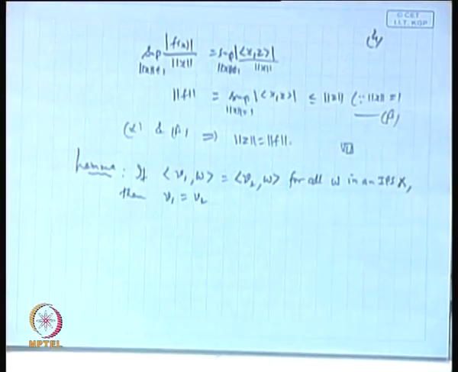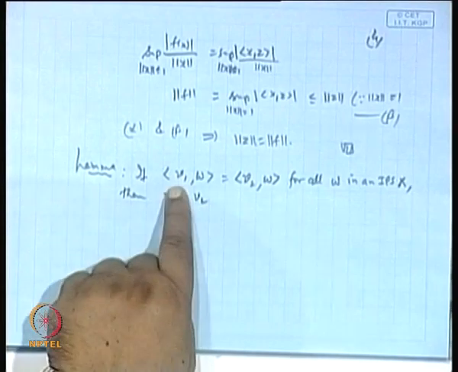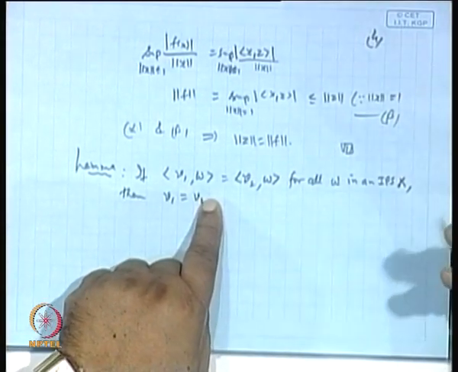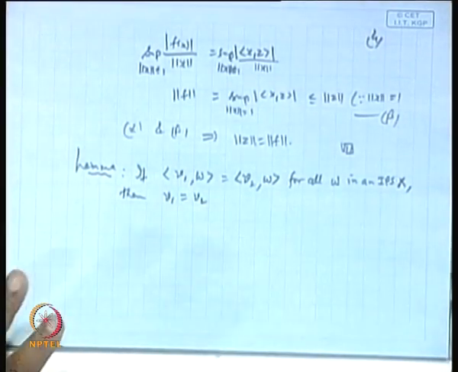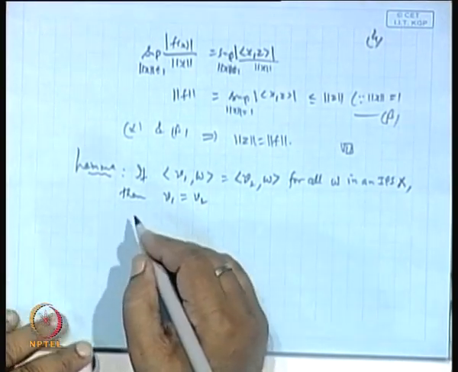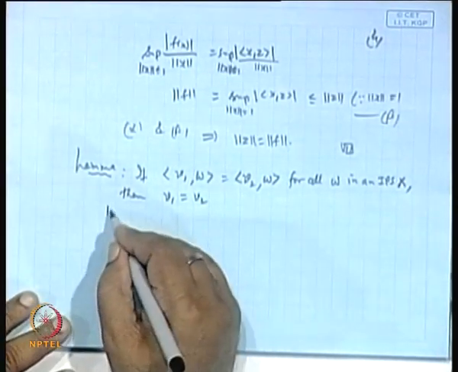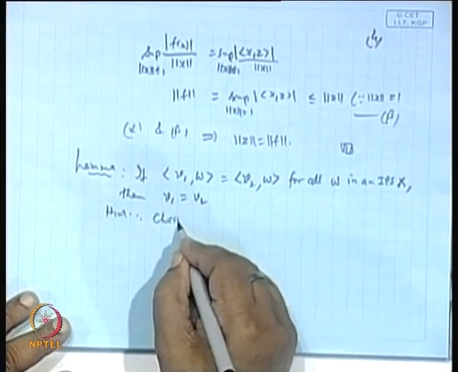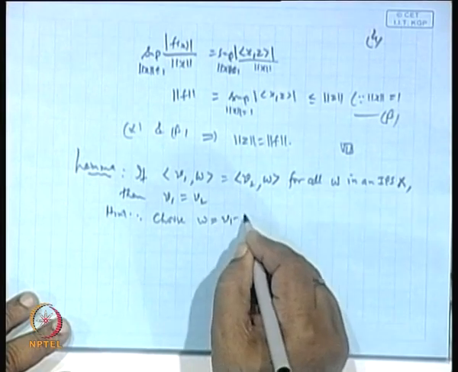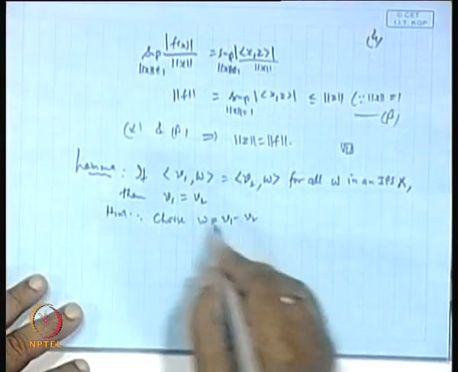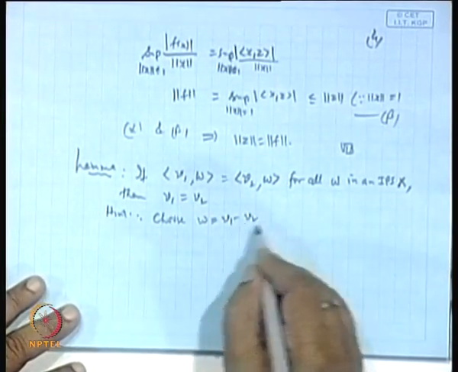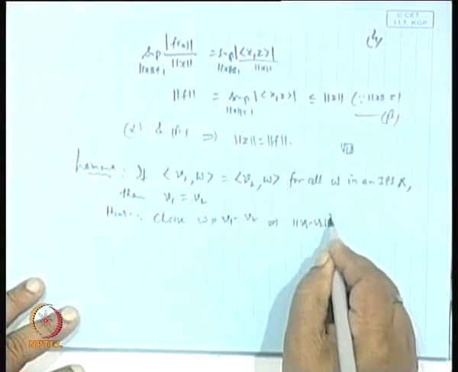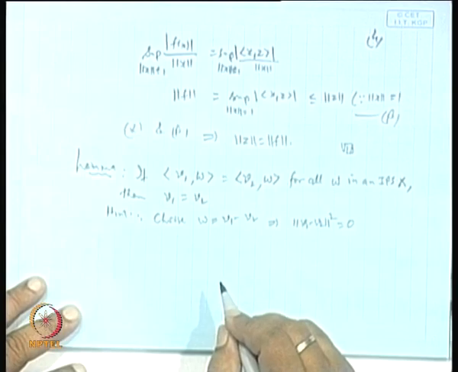This is already done earlier, is it not? Take V1 minus V2 and W replaced by V1 minus V2. So, norm of V1 minus V2 whole square, you are getting this, is it not? Clear? The hint is: choose W to be V1 minus V2, and then the entire thing becomes norm of V1 minus V2 whole square is 0. Is it right?